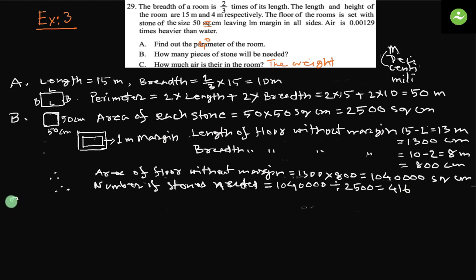Now C, after B we do C. How much air is there in the room, or what is the weight of the air in the room? To find the weight of the air in the room, first we need to find the volume, and from volume we need to find the weight.